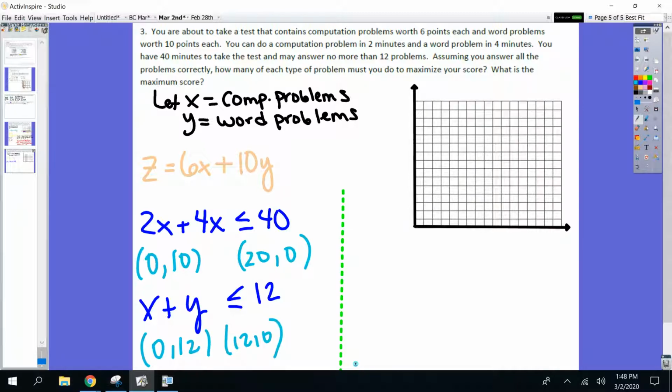All right, let's go by 2s. 10, 12. 20. Gotta go 12. Two diagonal lines, and that's it. No verticals, no horizontals.